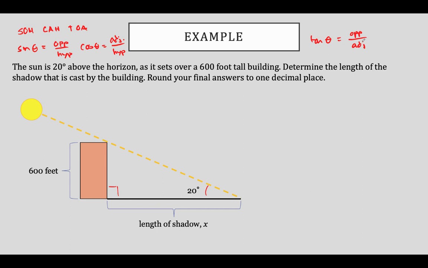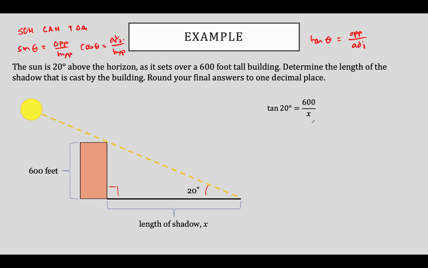SOHCAHTOA. So in this case, we're working with opposite and adjacent sides. Therefore, we want to set up an equation using our tangent trig function. In this case, the tangent of 20 degrees is equal to 600 divided by x. Tangent of theta is equal to the opposite over the adjacent side.